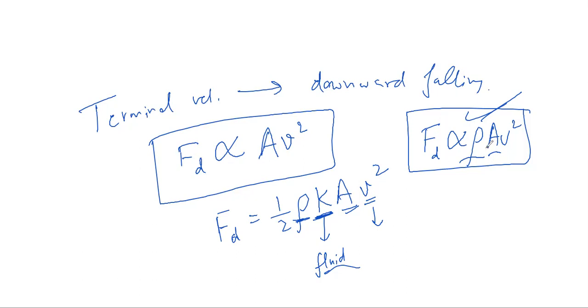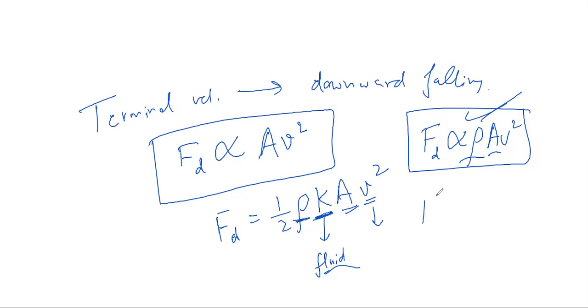So could we also write that FD equals rho times A V squared as well? Yes, it is the same thing.